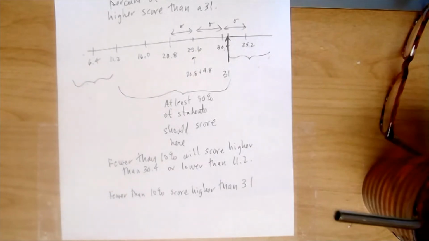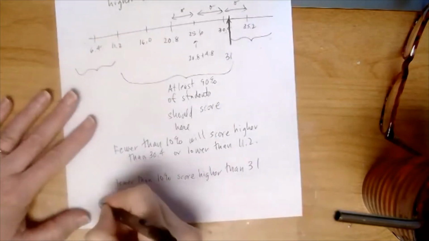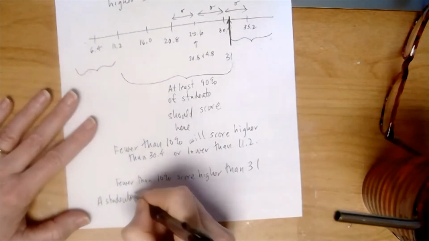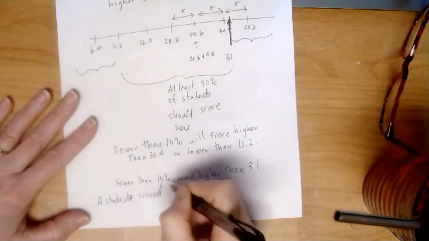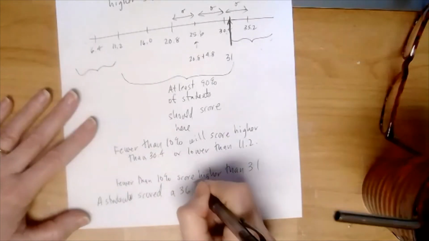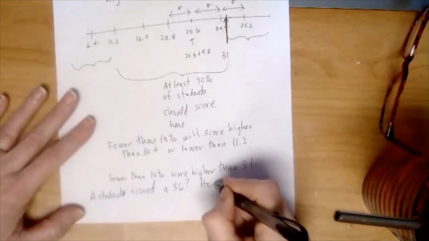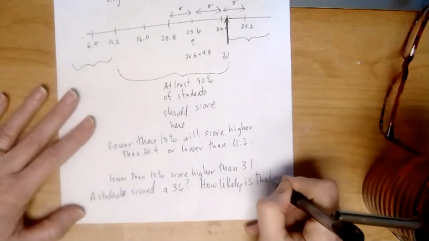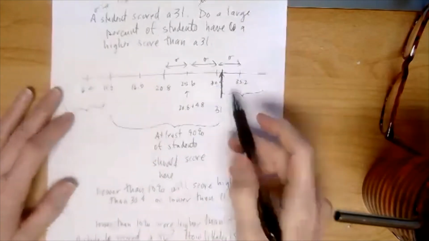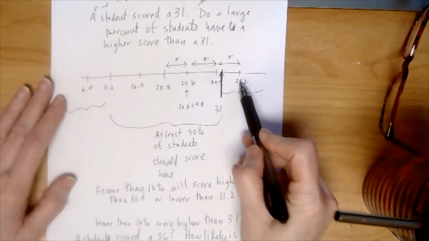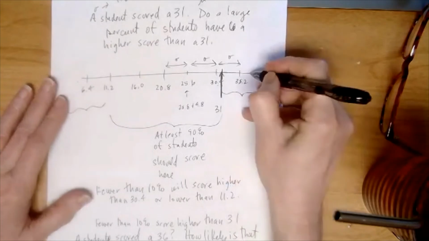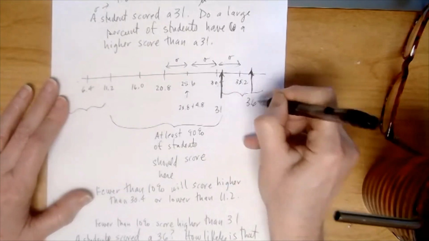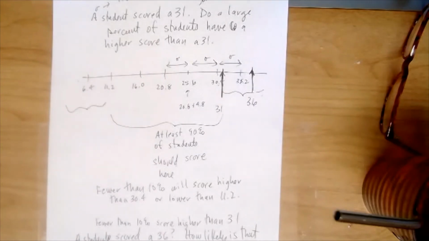All right, what about a student who scored a 36? How likely is that? Well, 3 standard deviations above the mean is 35.2. So a 36 is going to be out here. What do I know?